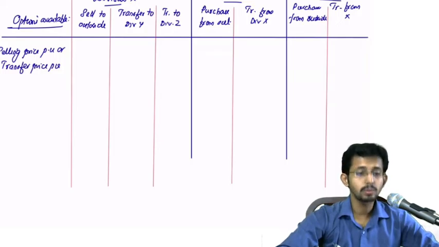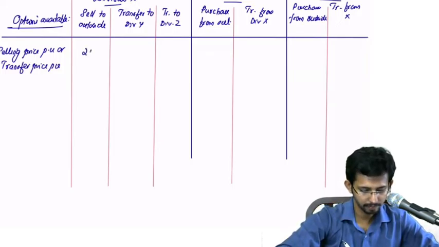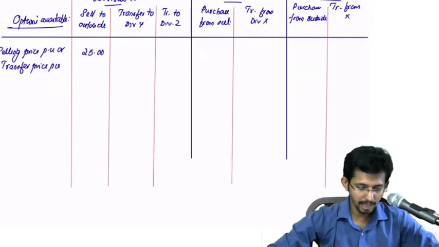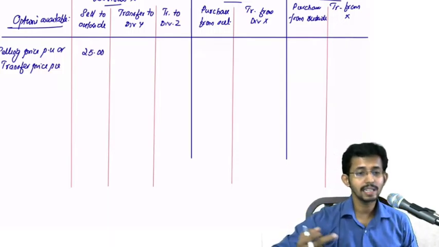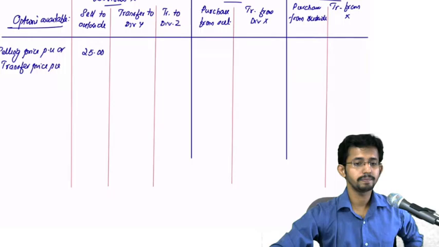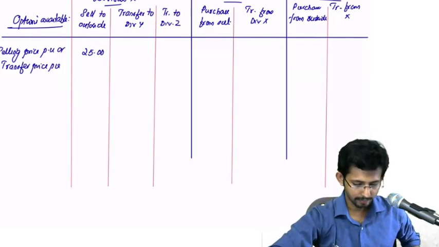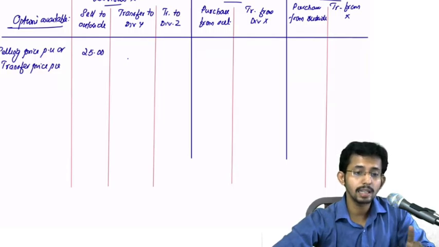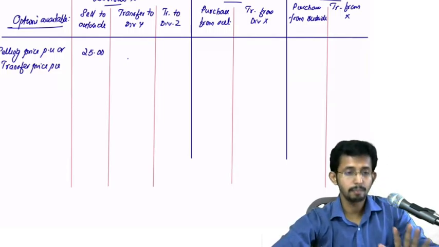If it is selling to outside, what would be the rate? 25. Now if they are selling it to division Y, then what would be the rate? We will come to that. And with respect to division Z, what would be the rate? That also we will come to. For the time being I am keeping it blank.